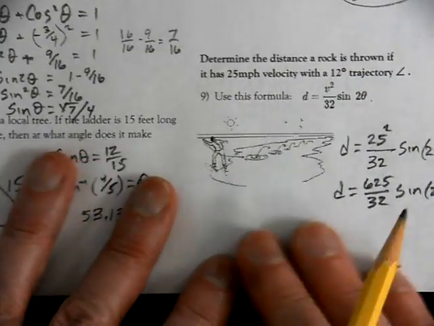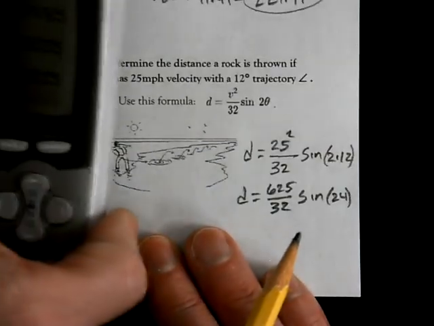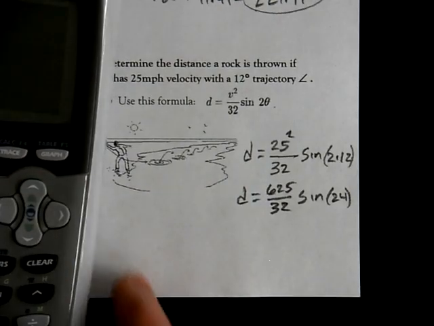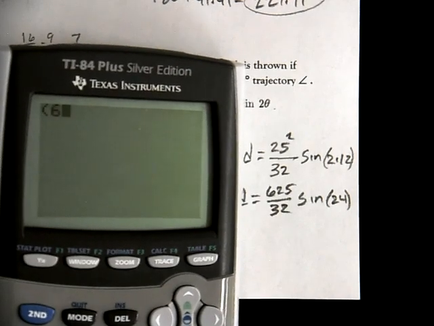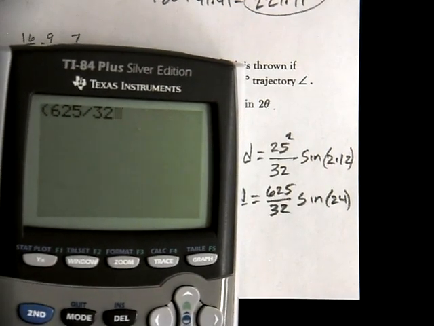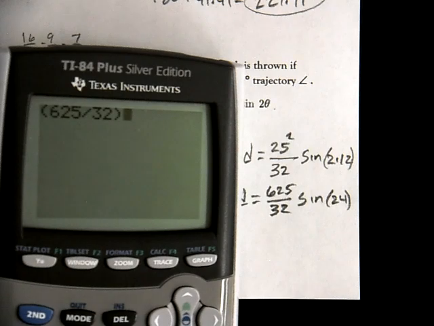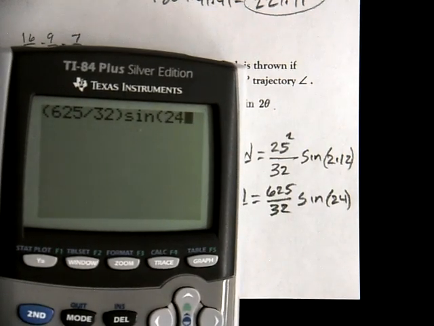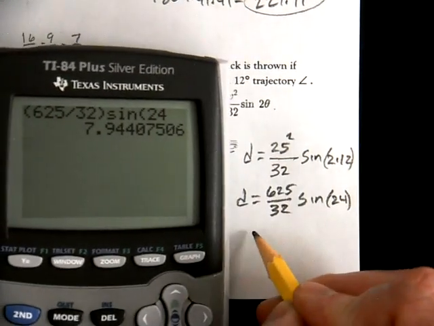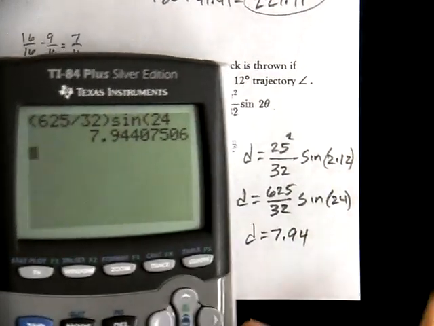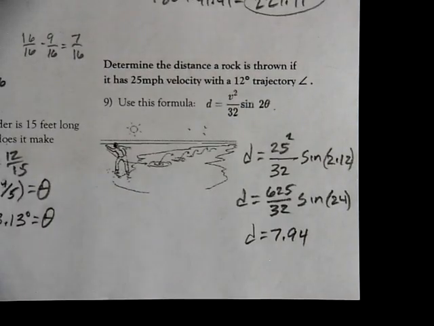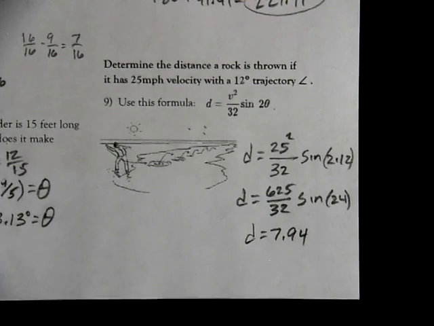That is not a unit circle number, so we can't get as much of an exact answer. So we'll just use our calculator: 625 divided by 32 times the sine of 24, and our distance is 7.94. All right, there you go.